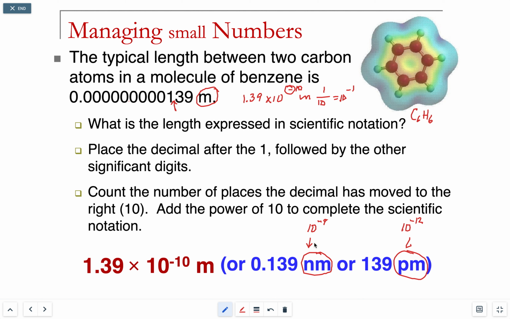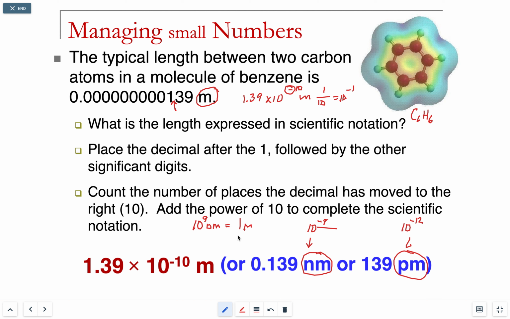Actually, let me back that up. So in our unit conversion, we have 10 to the 9th nanometers is equal to 1 meter.